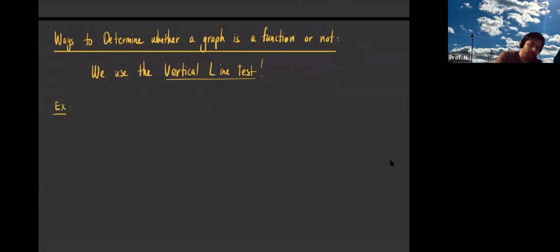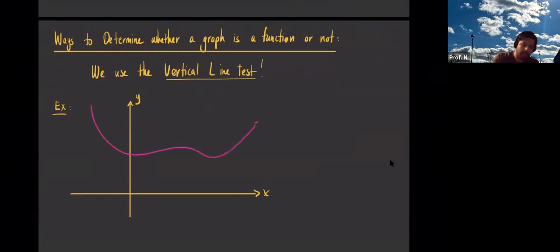And how do we use this vertical line test? Let's give you an example. So if we have a function like this, just like a regular curve, what we're going to do is draw vertical lines. Let's make these straight lines. Draw vertical straight lines.